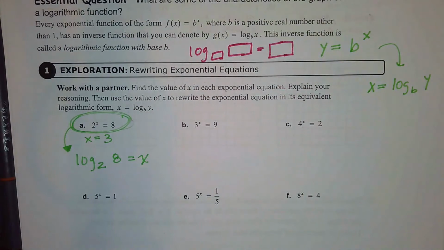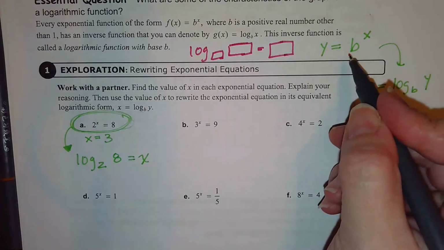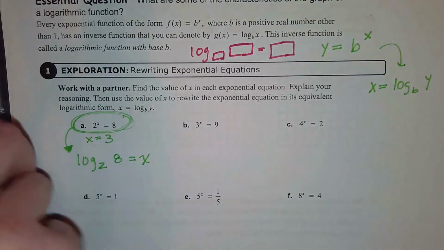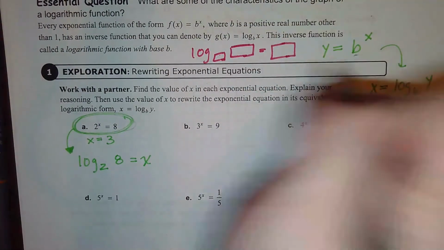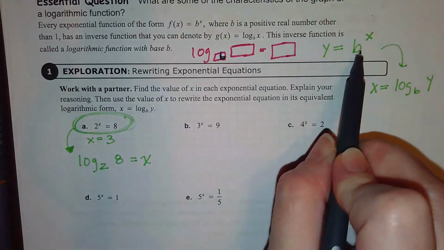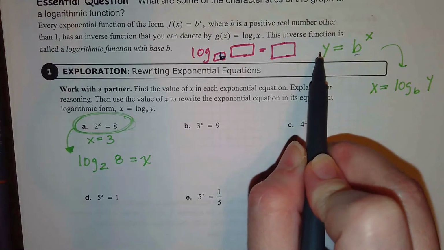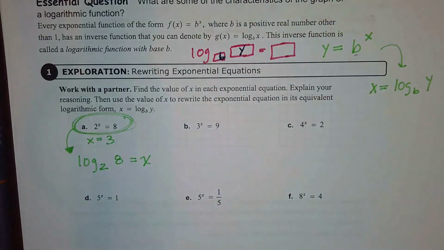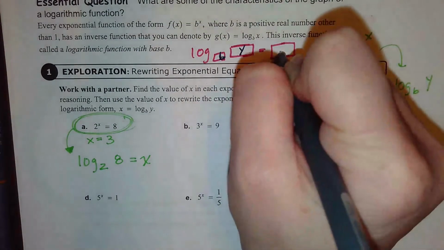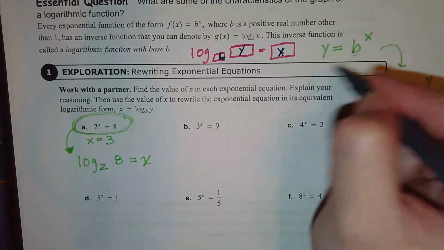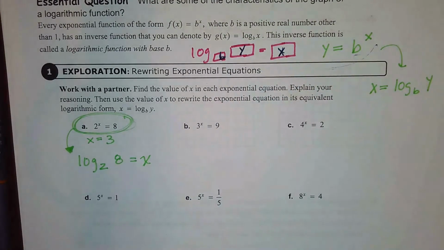If you're looking at your exponential equation, the b, this base here has to be your base here. Whatever this exponential is equal to is what you're taking the log of. So that's the y part goes here. And this x is the answer to your log. So in terms of how we can go from an exponential equation to a log equation, those are where all the parts go.